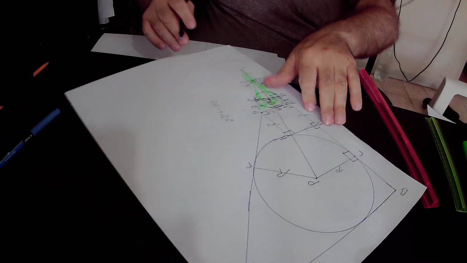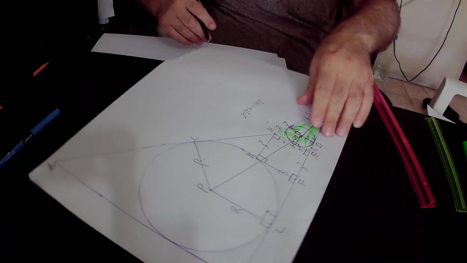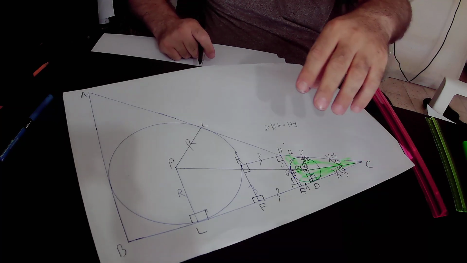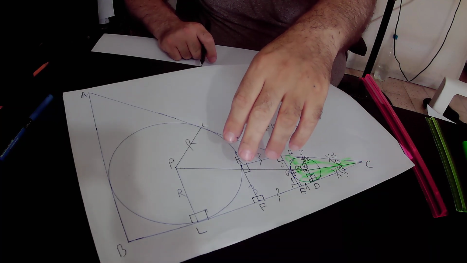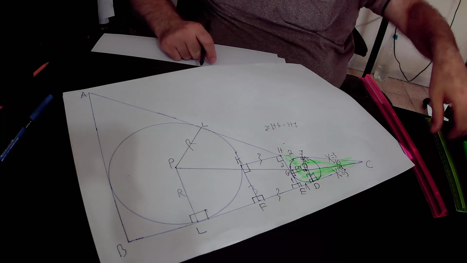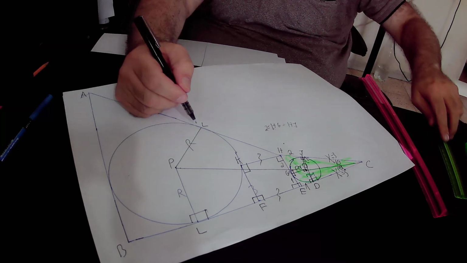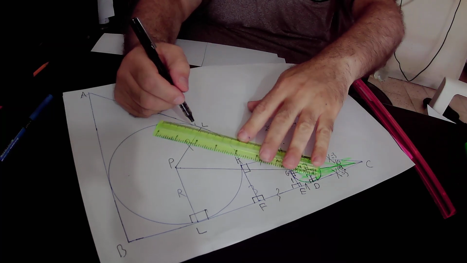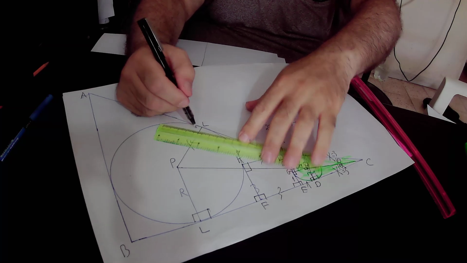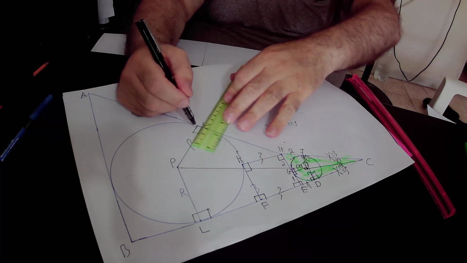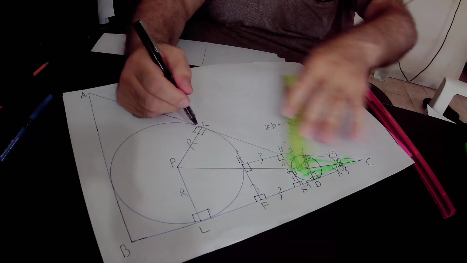When joining points C and P together by a straight line, we created here two right angles. Here we have the radius that is drawn to the point of tangency. For that reason, this angle equals 90 degrees, and this angle will also equal 90 degrees.